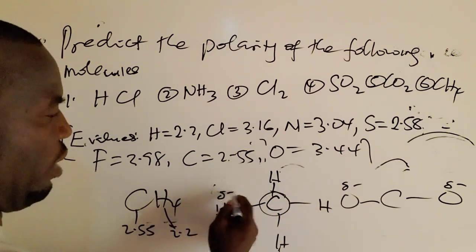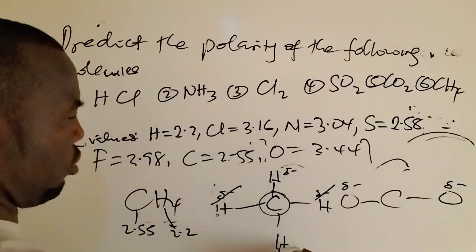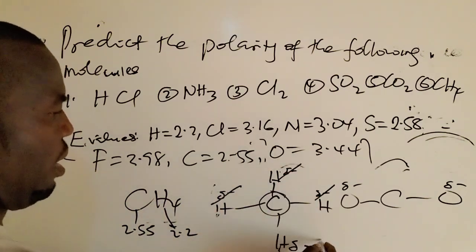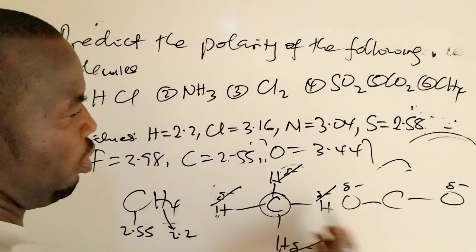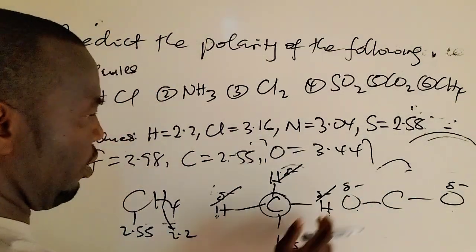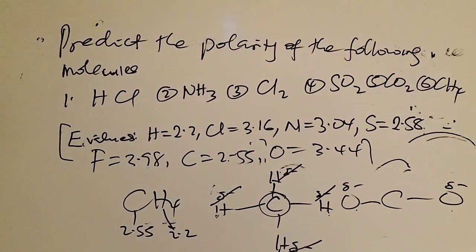And the electronegative values will cancel themselves because it's a symmetrical molecule. The central atom has no lone pair, and you have opposing similar atoms on any of the sides, either north, east, or south, west. So methane is symmetrical, just like CO2. So both are non-polar molecules. At least with that, you can predict the polarity of some simple covalent molecules.